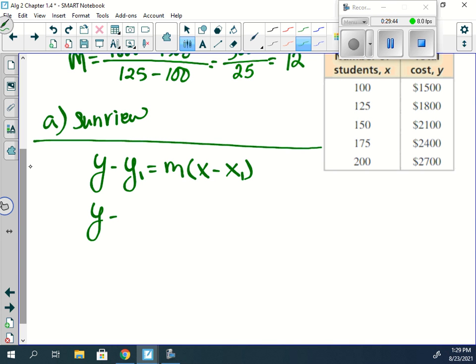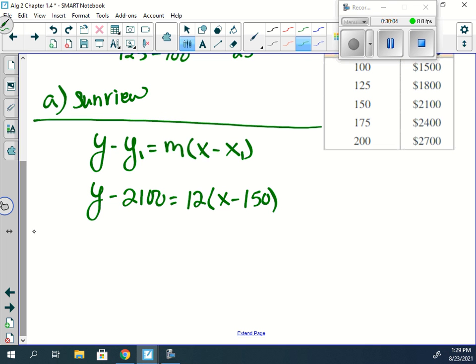Trey, pick out one of those points. Okay, 150 and then 2100. So 12 times x minus 150. So we plugged in the x and y. X was our number of students, y is the total amount. Now we do need to distribute the 12.